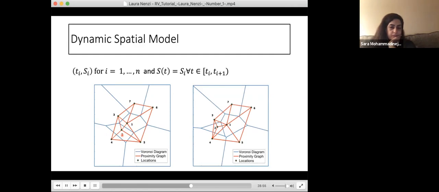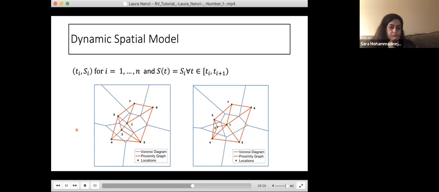Finally, as I said, we can consider both static and dynamic spatial configurations. What we defined at the beginning was a static spatial model, but we will see also the dynamic spatial model. In the dynamic spatial model, what you have is just a different possible space model at each time.